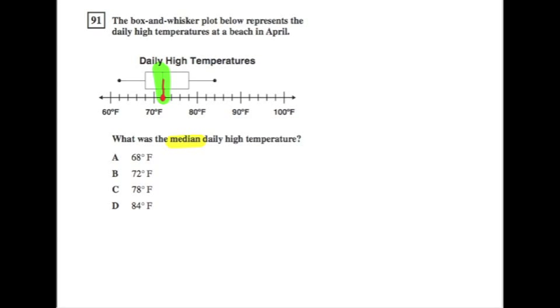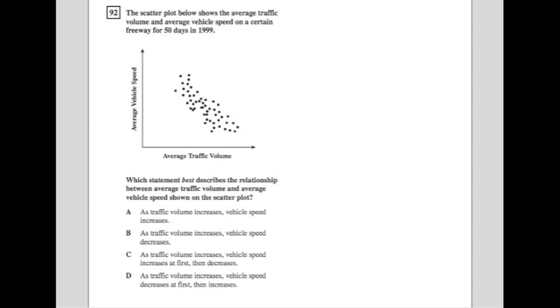No, it looks like it's going by 2. 72, 74, 76, 78, 80. Okay, it's going by 2s, so that's 72 degrees Fahrenheit. This one is a little difficult if you don't remember how to find the median in a box and whisker plot, but after watching this, you should remember that it's right here in the middle. It's the line separating the two boxes.